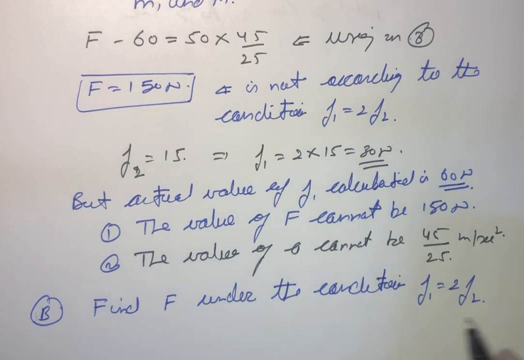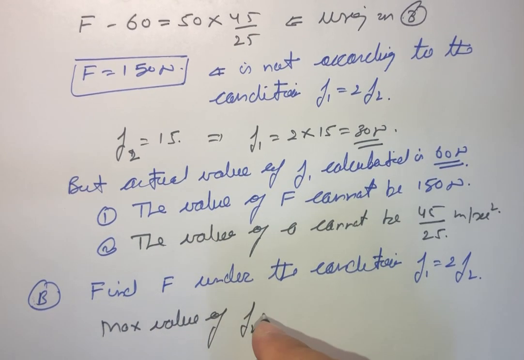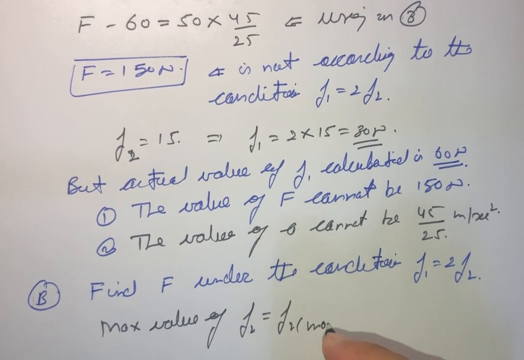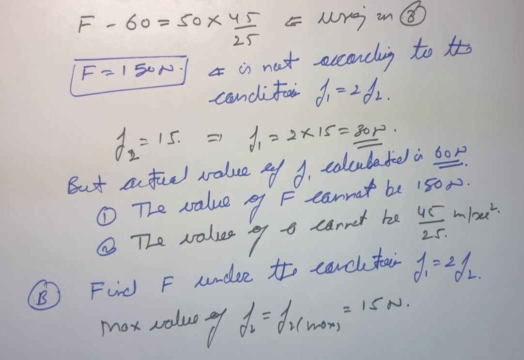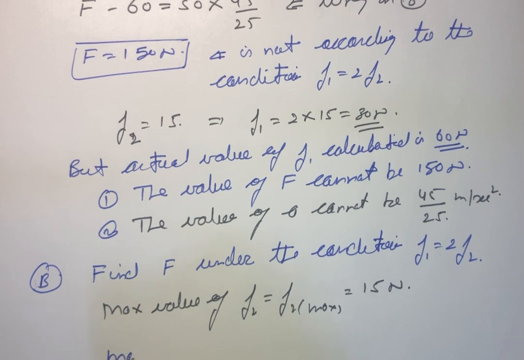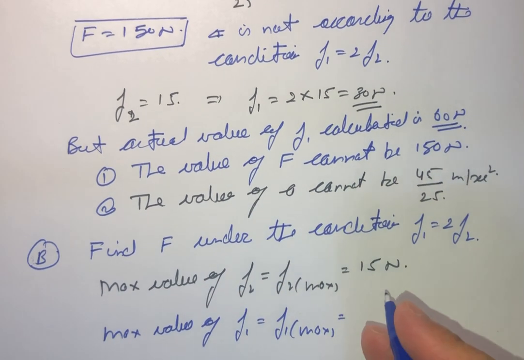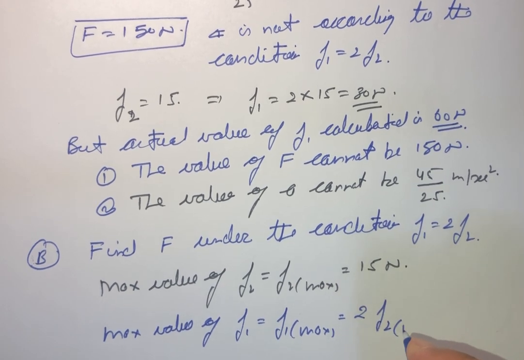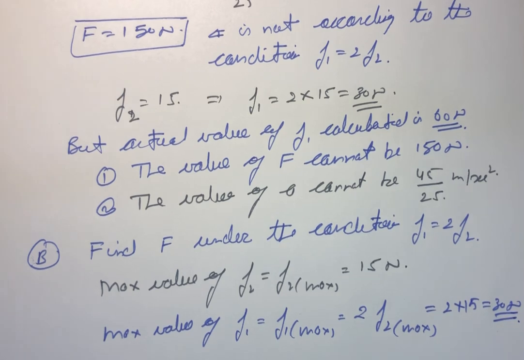So we already know that the maximum value of F2, which is F2 max, is equal to 15 Newton, and based on the equation we can say that the maximum value of F1, which we can say F1 max, will be equal to twice into F2 max, or rather twice into 15, which will equal 30 Newton.